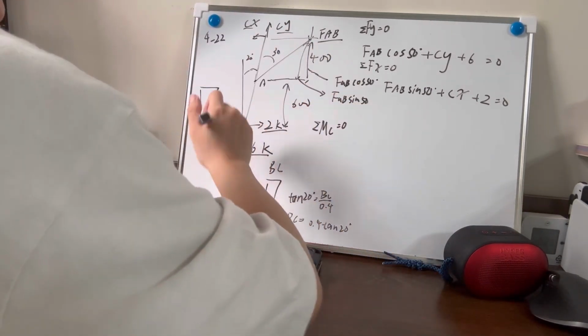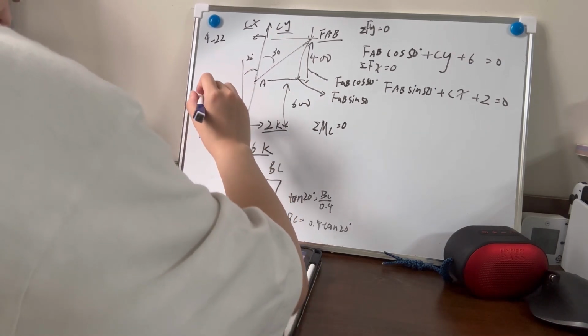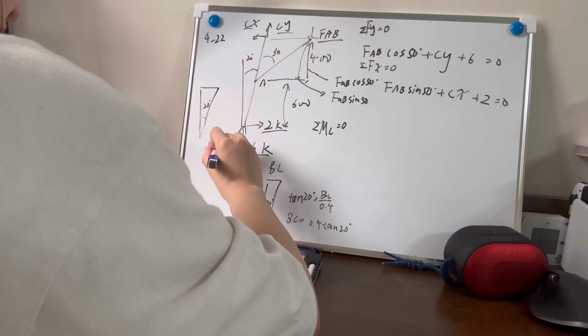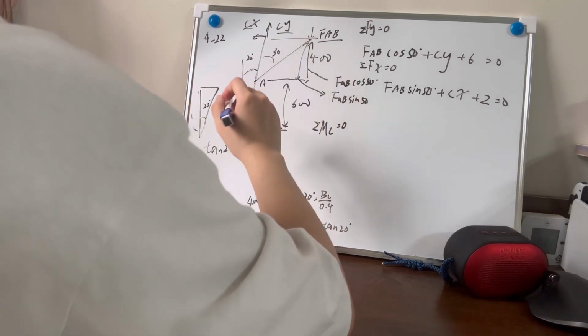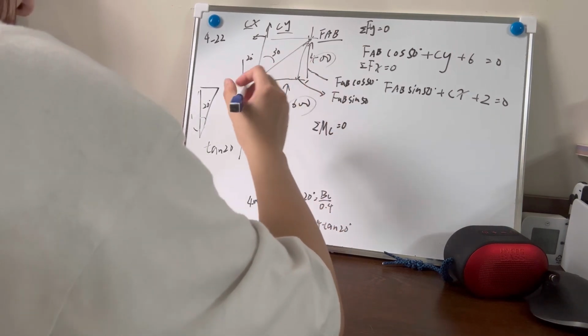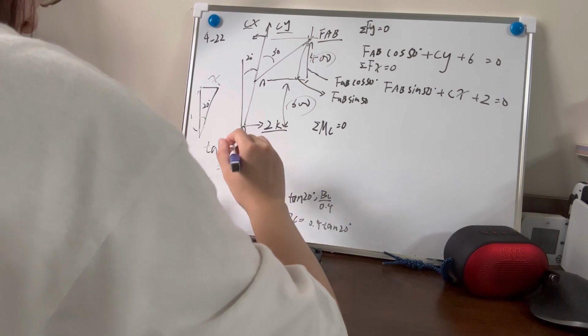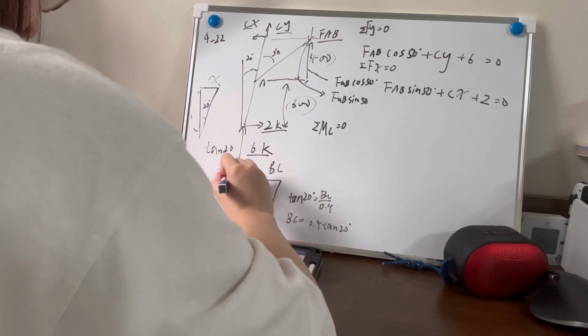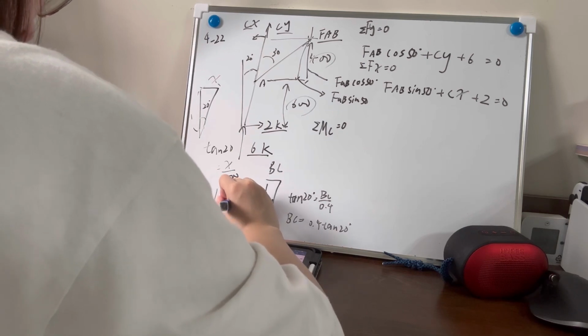So here also, it's also 20, and the tangent. This and this for x. Here tangent is x. So x will be 1 tangent 20.